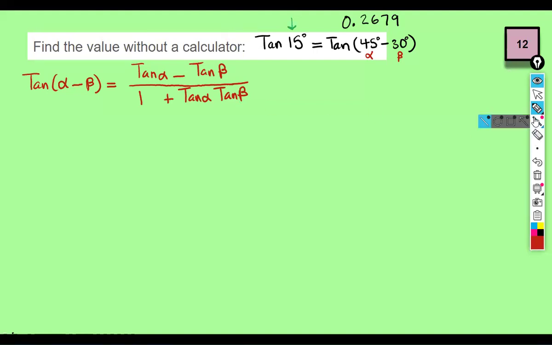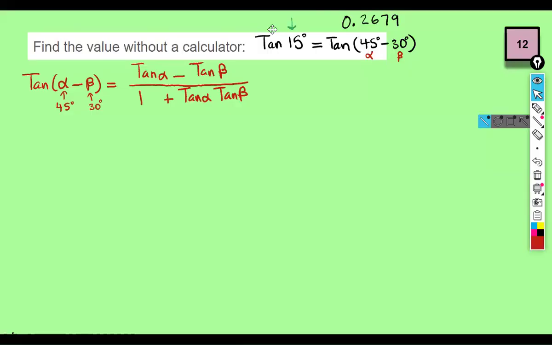So what we have to do now, remember, the alpha is the 45 degrees, and the beta is the 30 degrees. Replace any alpha that you see with 45 degrees, any beta with 30 degrees. Then replace them with the values from the table, and try your best to simplify.